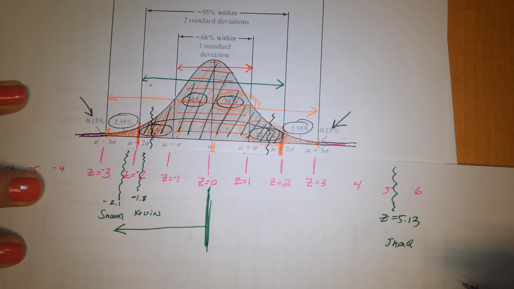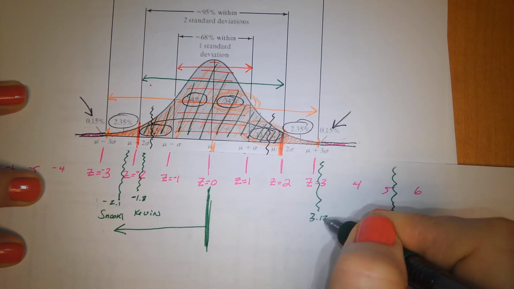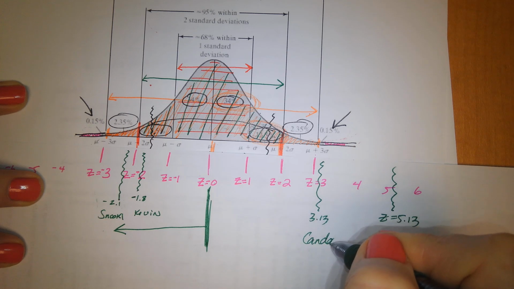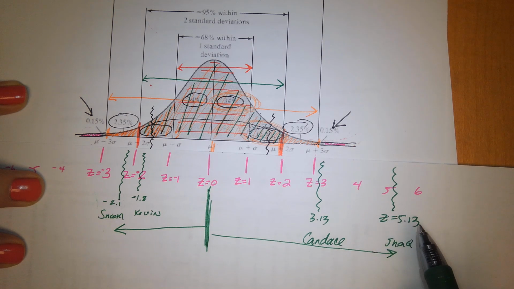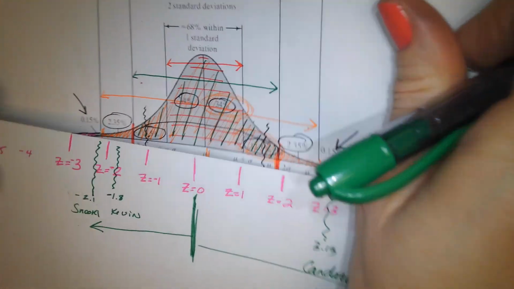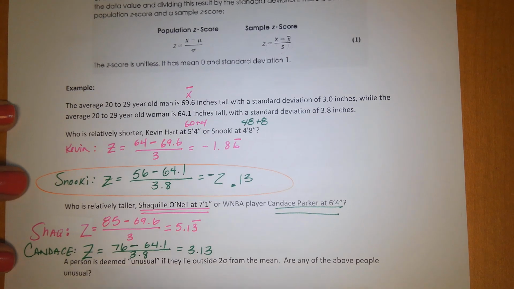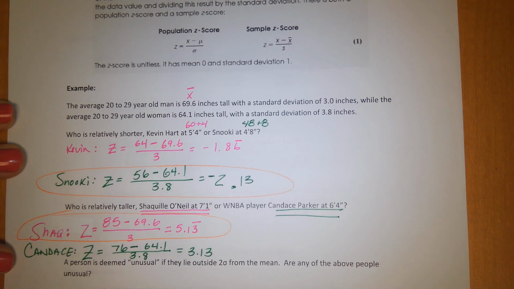Candace Parker has a z-score of 3.13, which is somewhere over here. So the question is, who is relatively taller? In other words, who is farther away from the mean of 0? Well, clearly Shaq is farther away because his z-score is a larger number. So to answer this question, Shaq is relatively taller.